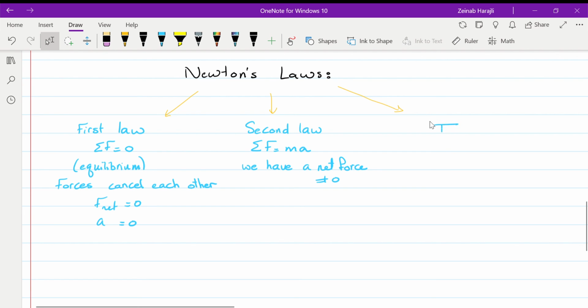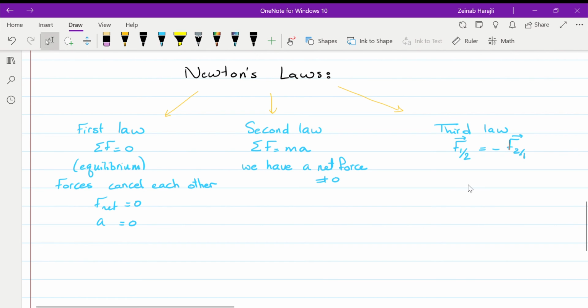We also have Newton's third law, which is the principle of interaction. So for any force exerted by object 1 on object 2, there is an equal but opposite force exerted by object 2 on object 1.